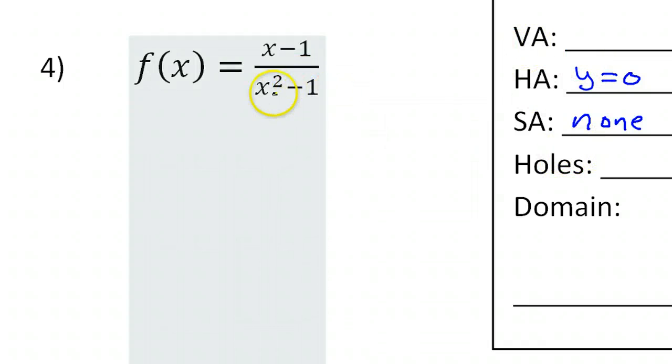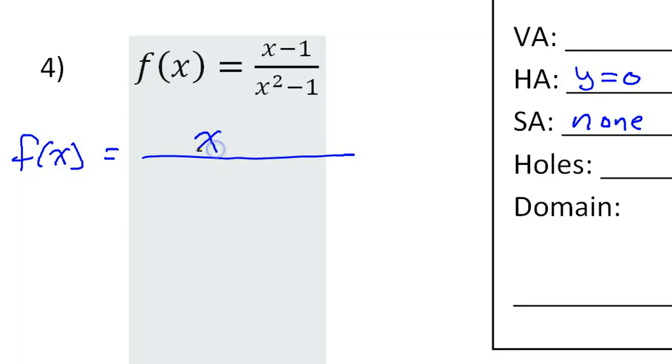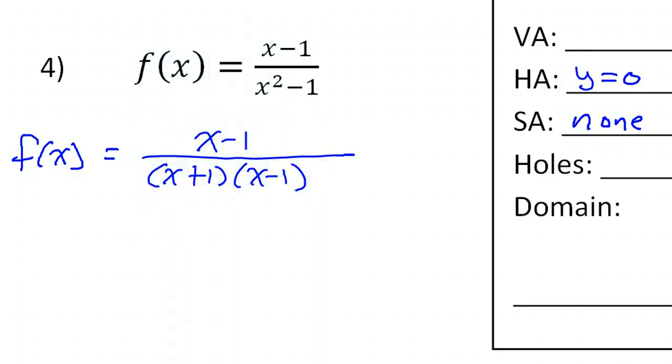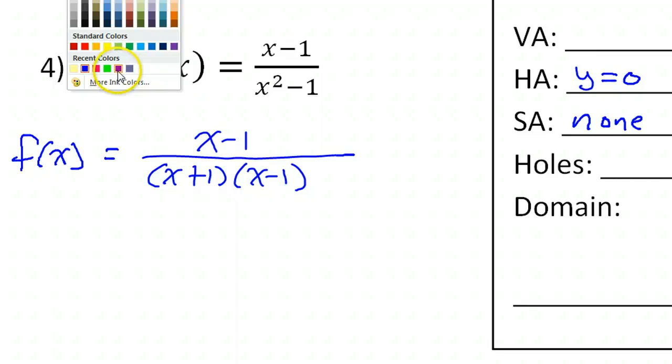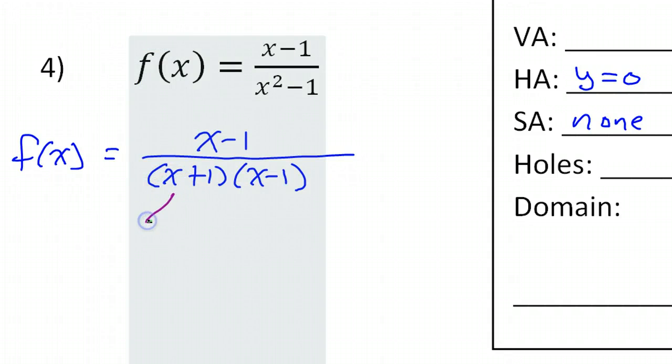To consider those, we need to factor the denominator for sure. So this is going to become, so I've got my x minus 1, but my denominator is x plus 1 times x minus 1. And normally, like in the past, we would take these two factors and set them equal to 0 to find the vertical asymptotes.